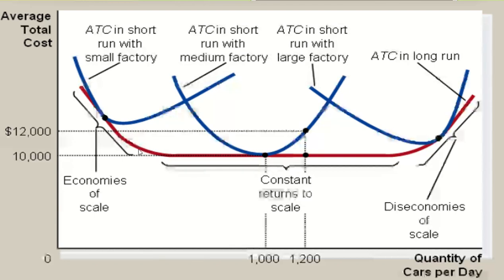That means the quantity of output is increasing here, and this portion of the long-run average cost curve is known as economies of scale.